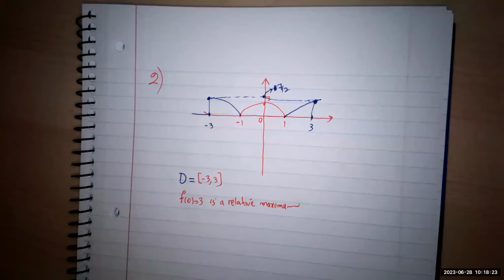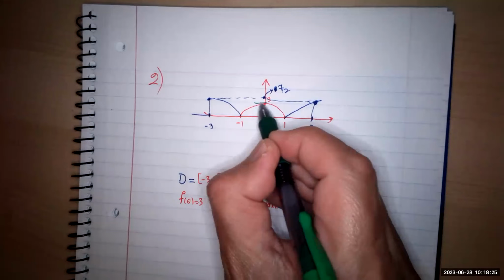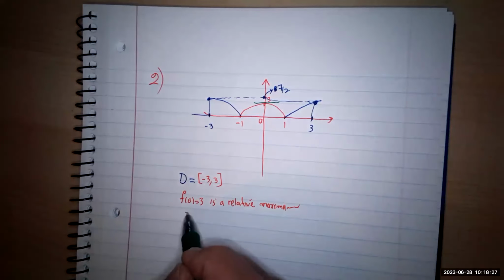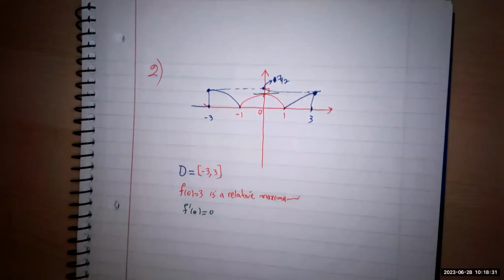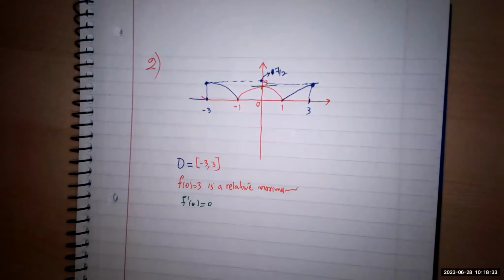And as you can see, the tangent line is going to be horizontal again. So f prime of 0 would be 0. In order to find it, we let f prime of x equal to 0. One of the solutions would be 0. Any question? So this is a relative maximum.